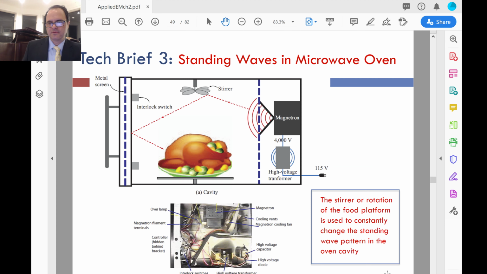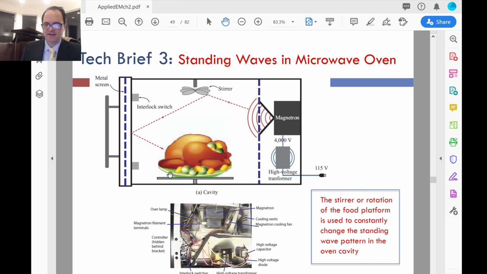Okay. So I talked about the microwave, an interesting property that without any apparatus in a microwave, you can get standing waves such that your food doesn't heat up evenly across the entirety of the slice of pizza, or in this case, the chicken. And so they add in a couple of things to mitigate that.